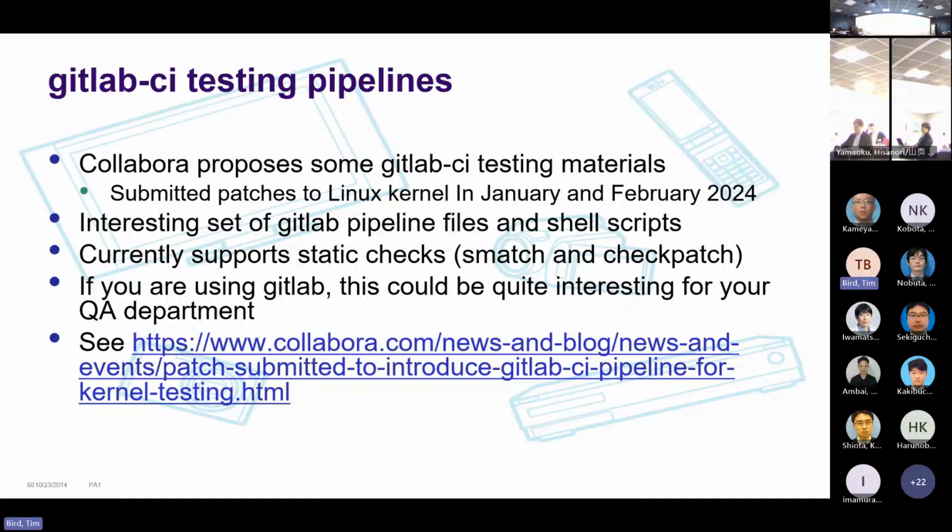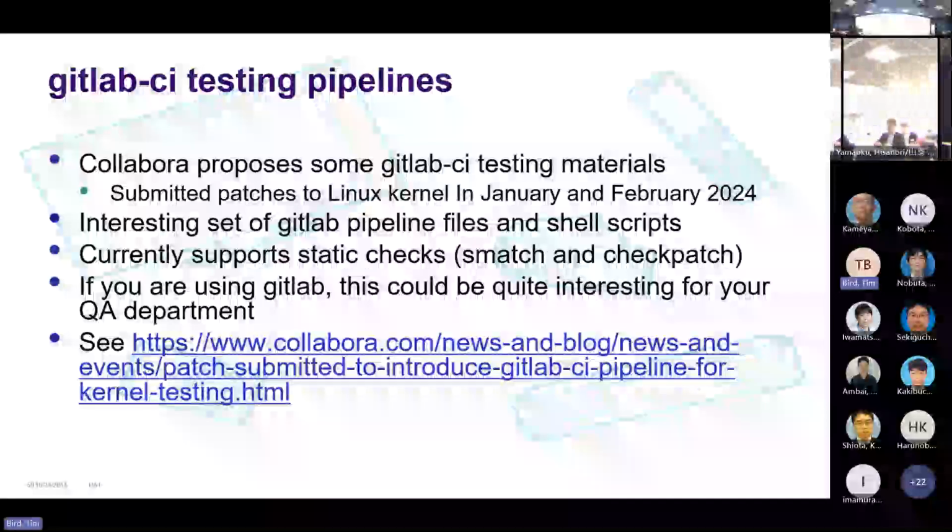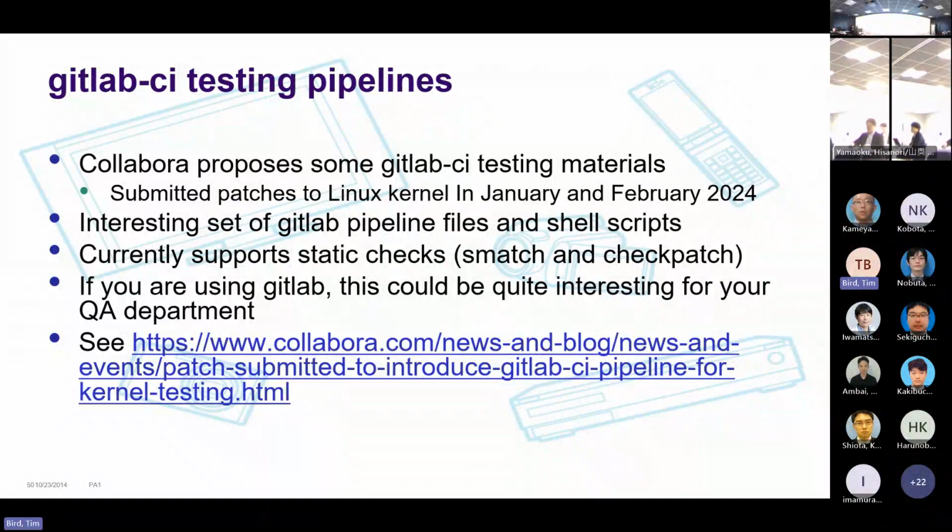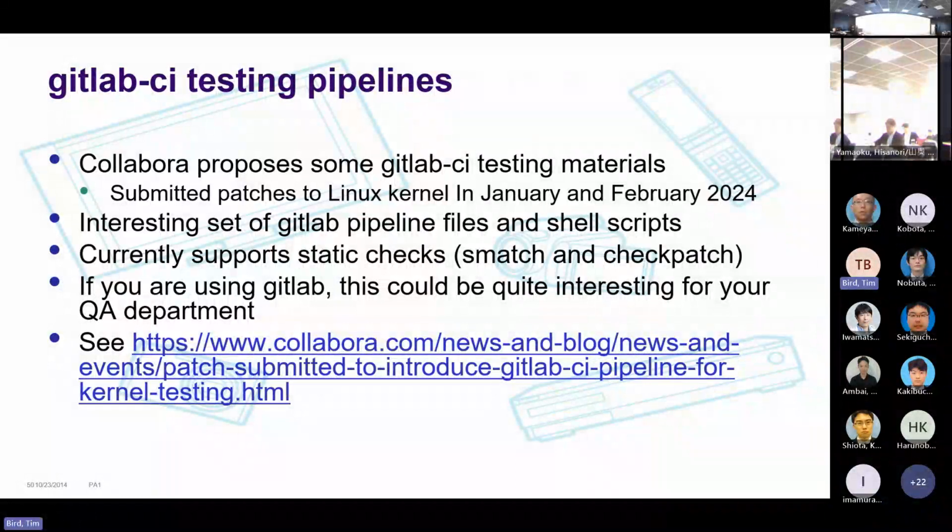Sometime in the near future, if this gets accepted, it would be really neat if you happen to be using GitLab, you could just point it at some files inside your kernel tree and it would run the static checks. Right now it supports static checks, smatch, and checkpatch, but you could run other things. If this takes off, it means you'll have compatibility with continuous integration systems directly in the upstream kernel source. So that's pretty cool, I think.